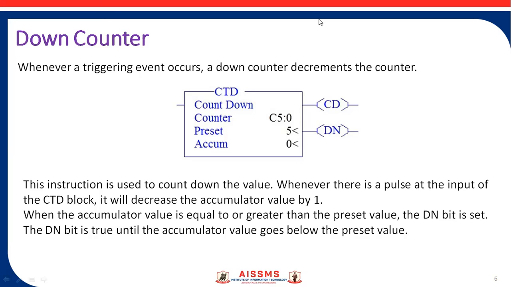It will decrease the accumulator value by 1. When the accumulator value is equal to or greater than preset value, the done bit is set. The done bit is true until the accumulator value goes below the preset value.